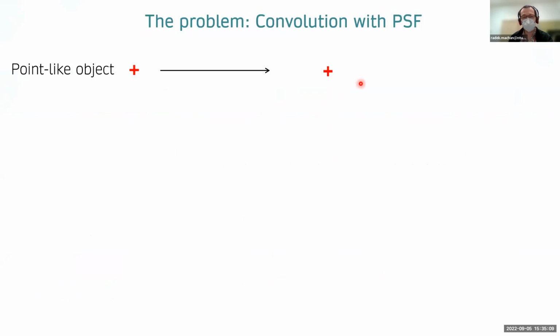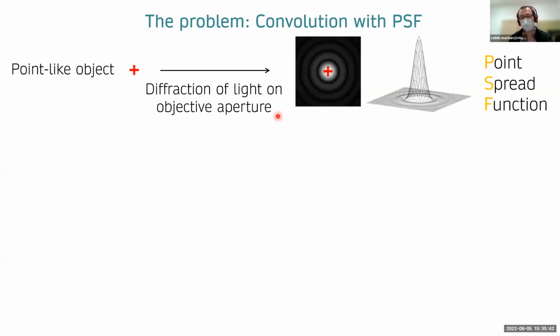So I will start by stating the problem. You probably know this, you have heard this many times already, but just to recapitulate, a microscope image of a point-like object, so let's say a single fluorophore, which can be considered as a point source of light, is not a single geometrical point, but because of diffraction of light, it is something which we call the point spread function.